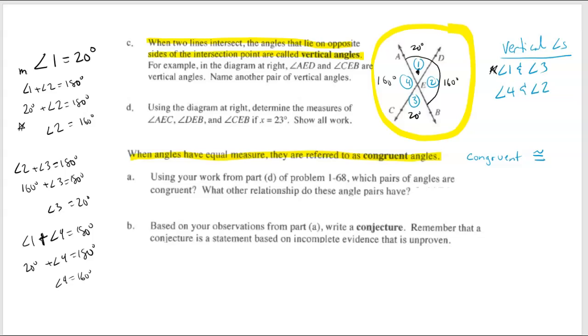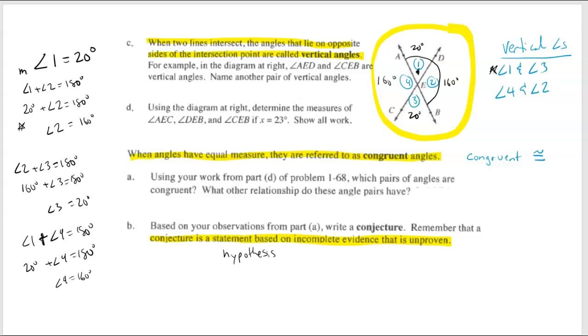Okay, so based on this information, what I want you to do is write a conjecture. A conjecture is just a statement based on incomplete evidence that's unproven. So think of it almost like a hypothesis. You're kind of guessing, what do we think? So again, you can pause the video and try to write your own conjecture.